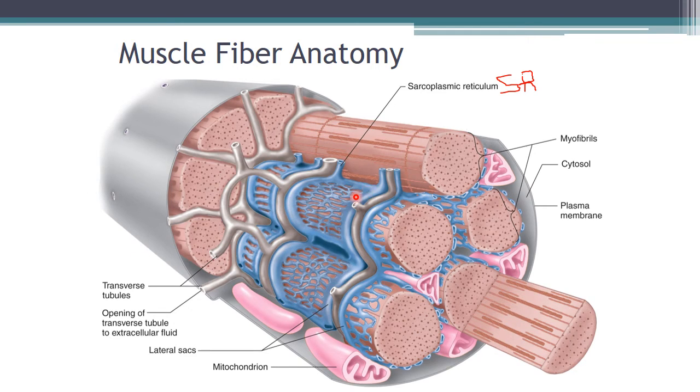One of the very important things about the sarcoplasmic reticulum is that it has primary active transporters called calcium ATPase pumps. Those calcium ATPase pumps are constantly pumping calcium into the sarcoplasmic reticulum, and so the SR stores a large amount of calcium for the muscle fiber.